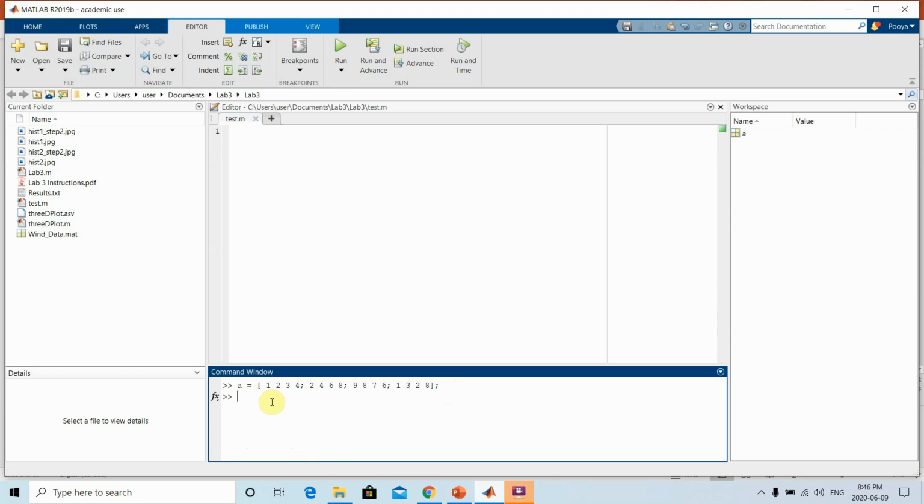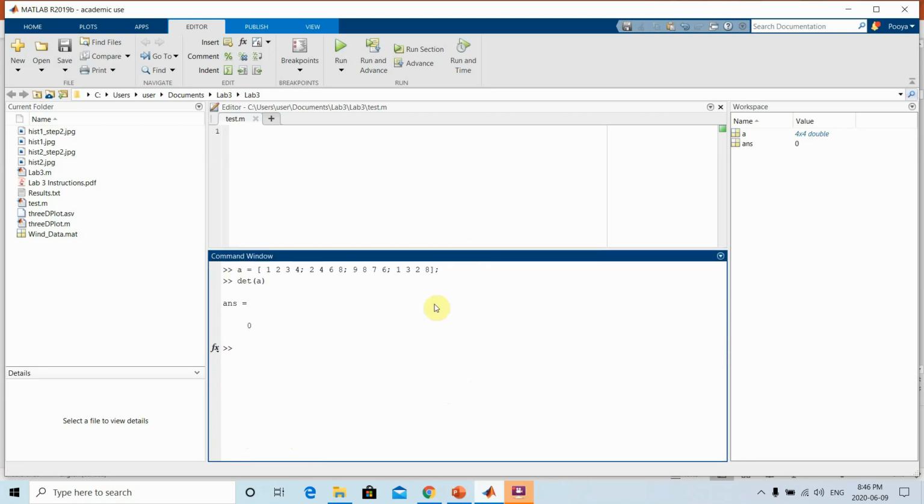Okay, if I find the determinant of A, it actually shows 0. So this is a singular matrix, and later on we're going to see how, by just looking at the first two rows, we can know that the determinant of A is going to be equal to 0.